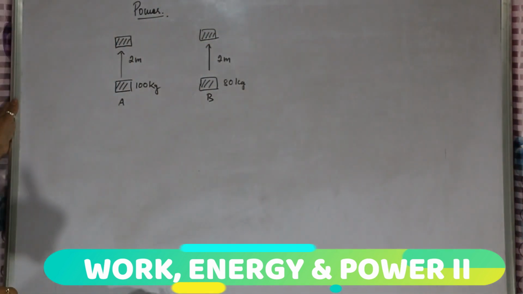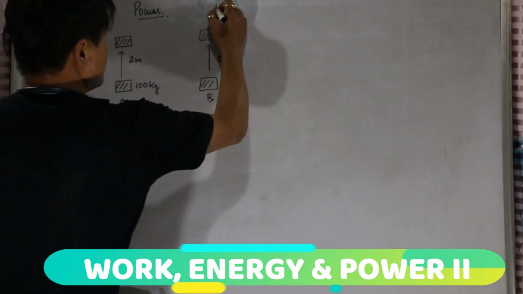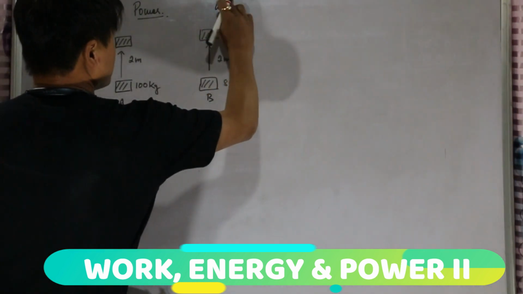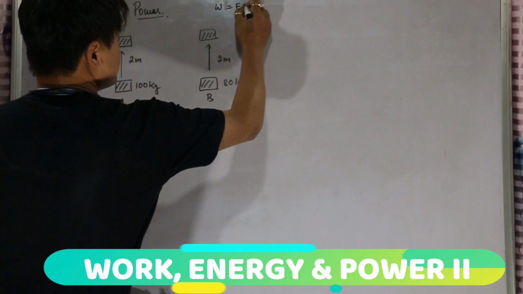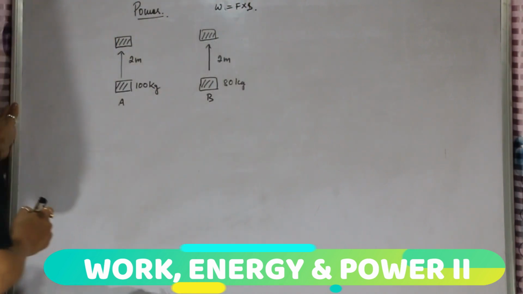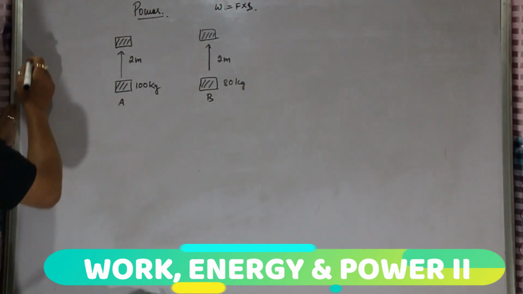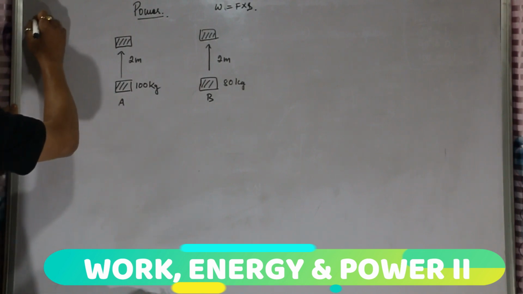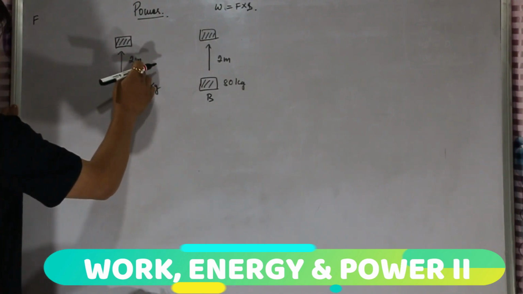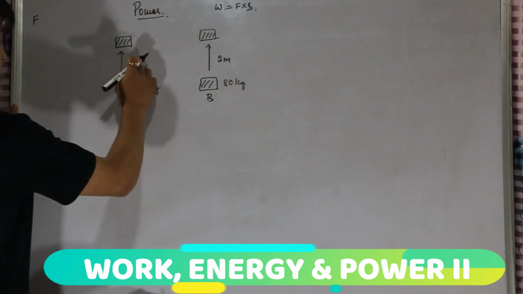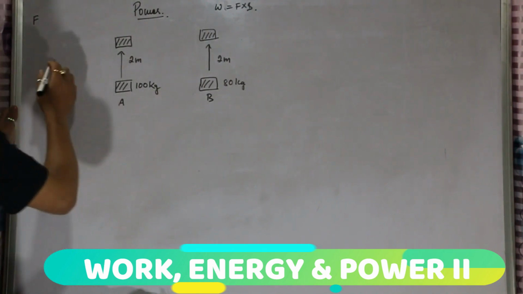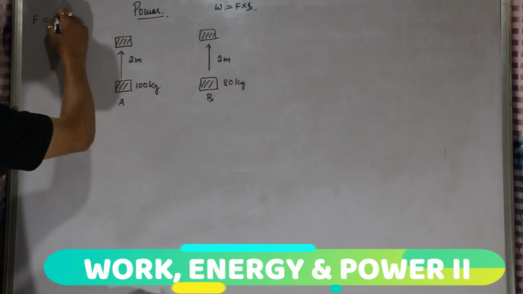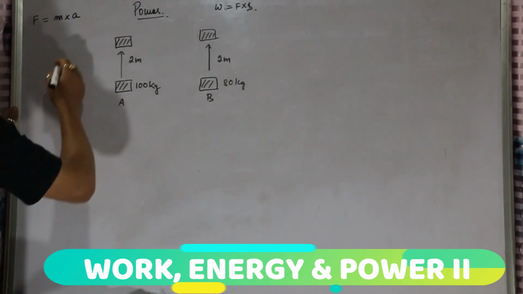Now let's find the work done by A and B. We know work done is equal to force into displacement. For the work done by A, we need to know the force. The displacement is 2 meters, but we don't know the force. We know force is equal to mass into acceleration.